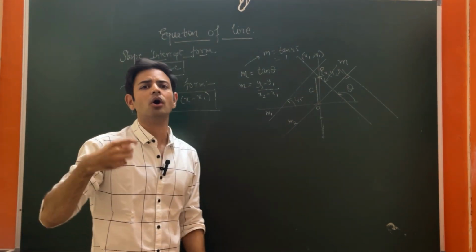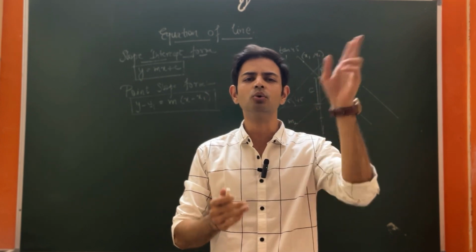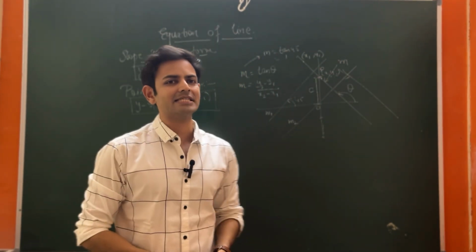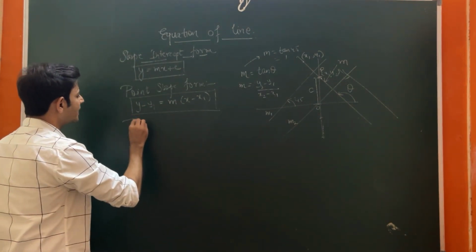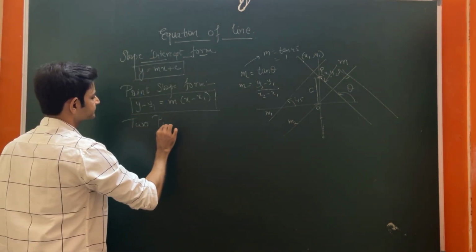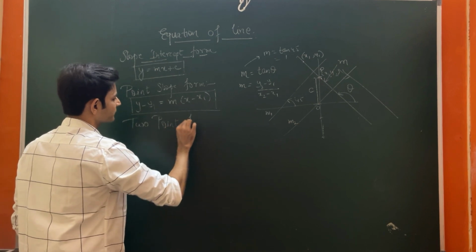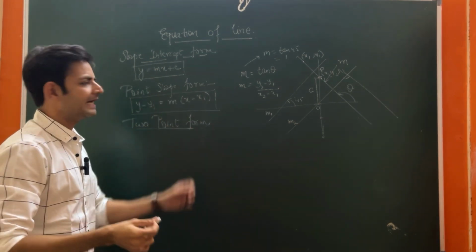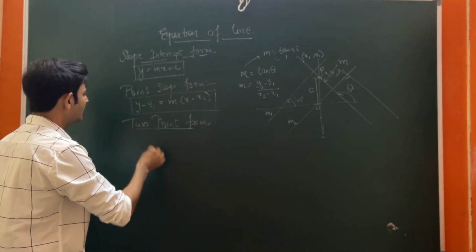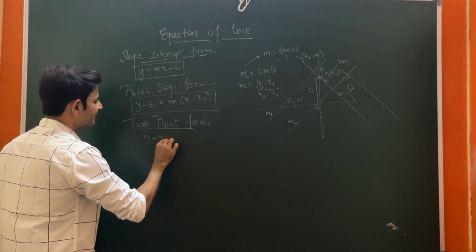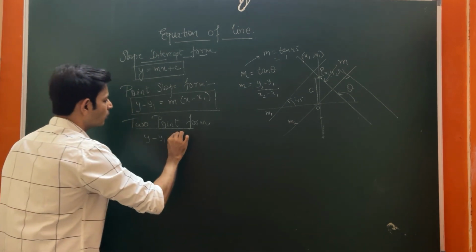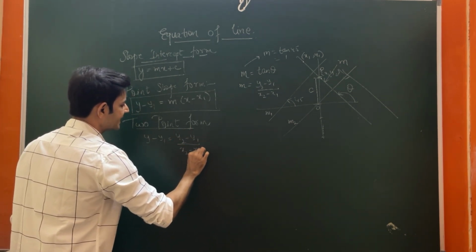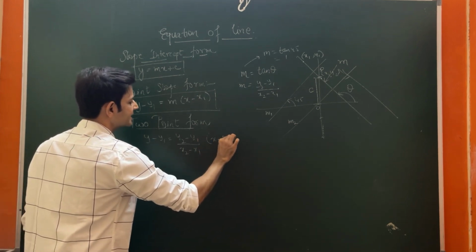In case we are not given this slope, we are just given 2 points, that is x1 y1 and x2 y2. In that case, we can use 2-point form. And we can find the equation of the line using the formula y minus y1 is equal to y2 minus y1 upon x2 minus x1 into x minus x1.